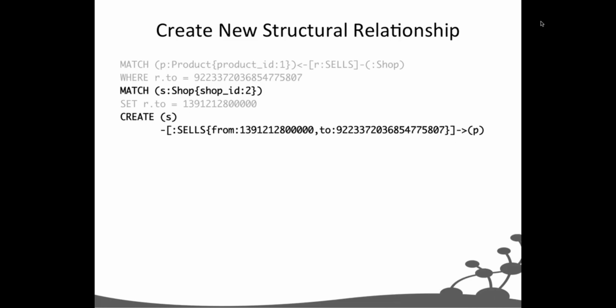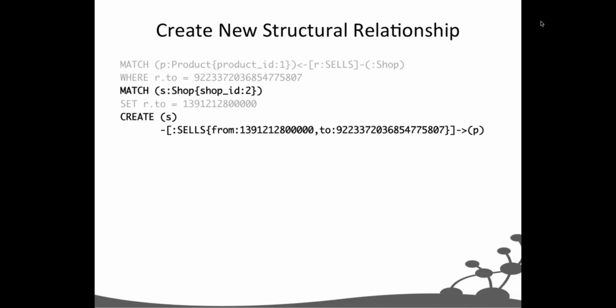And then we can create a new structural relationship. We can match the new shop, and we can create a new sales relationship that extends from that second shop down to our product identity node. Again, we're creating timestamps that say this is valid from the 1st of February 2014, and it effectively has no upper bound. This is the current sales relationship here.